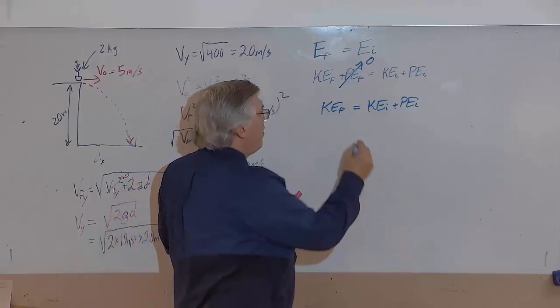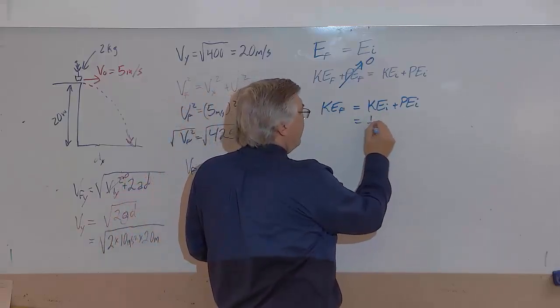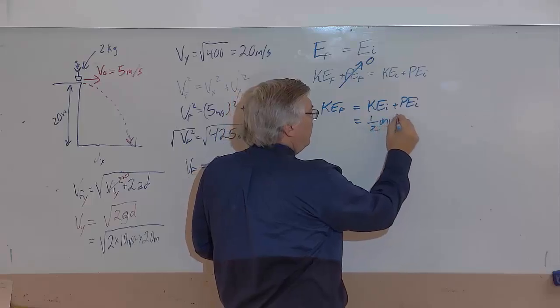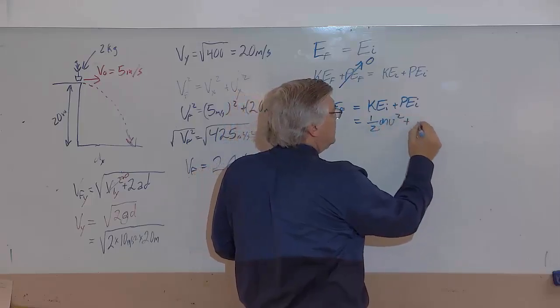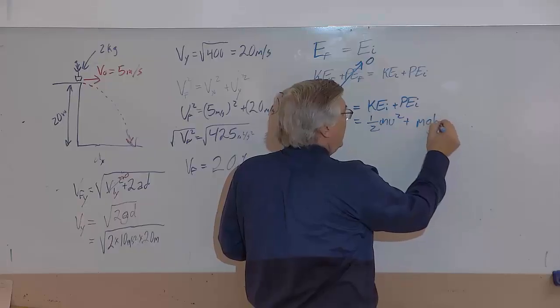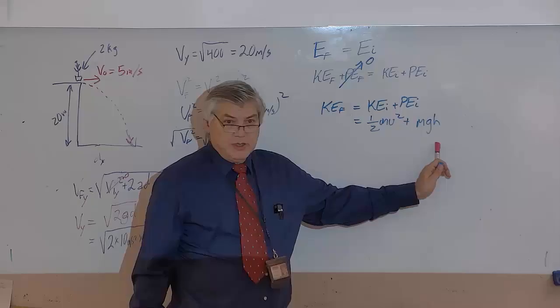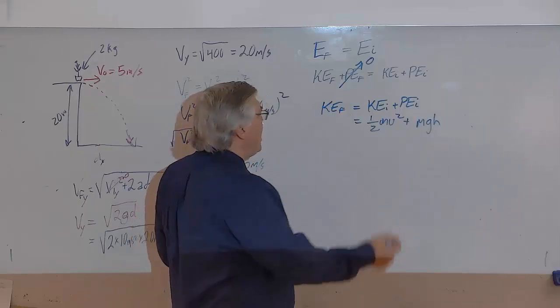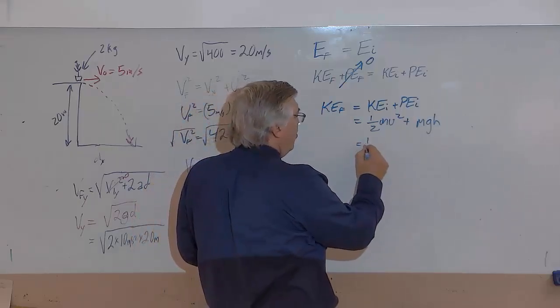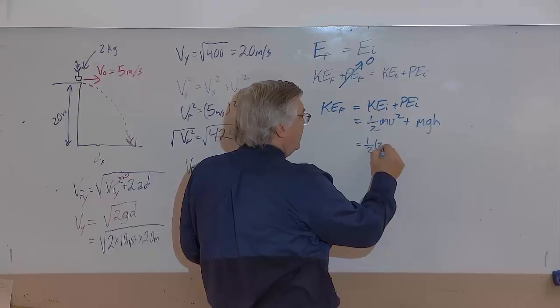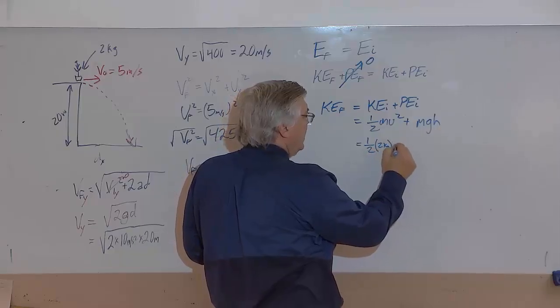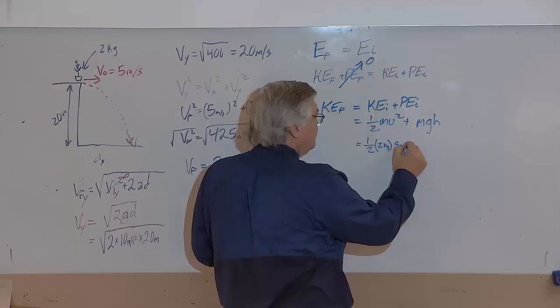And I know the equations for those. I have 1/2 mv squared plus mgh. That's kinetic energy, and that's potential energy. So let me substitute in what I know. I know this is 1/2 times 2 kilograms times 5 meters per second.